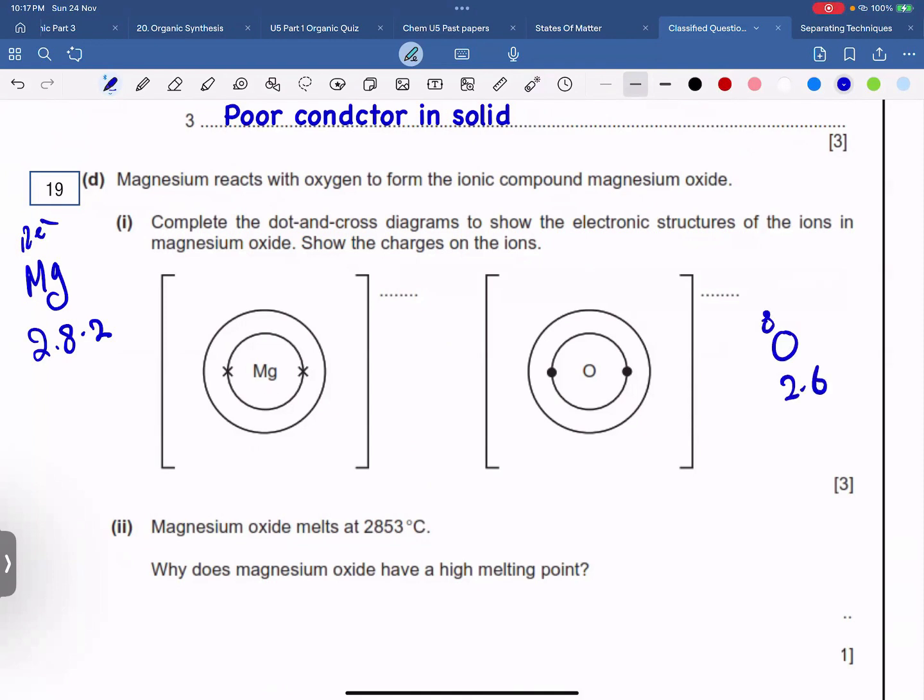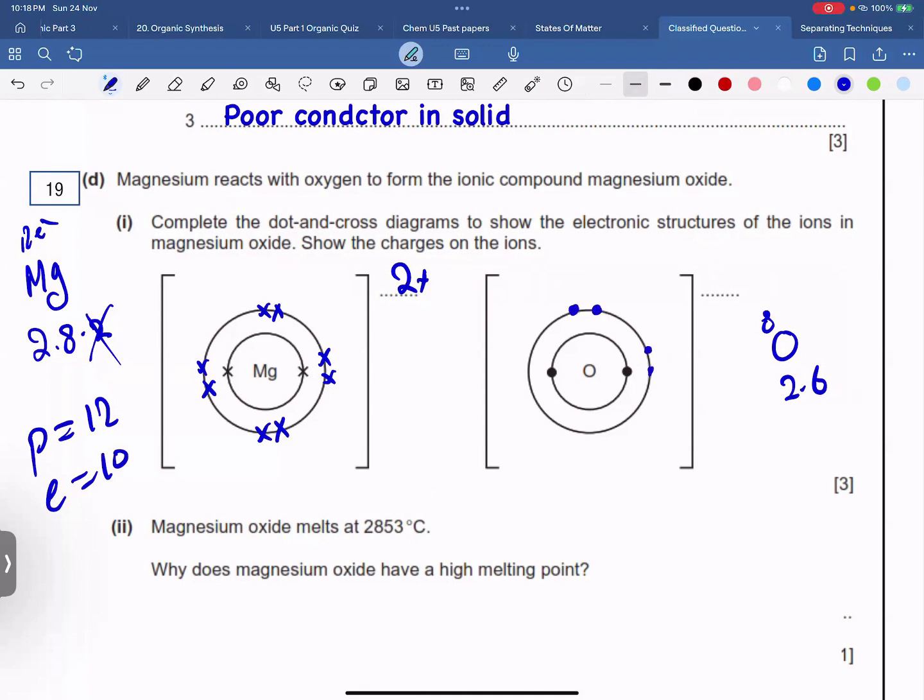So magnesium loses 2 electrons to have a full outer shell. So 1, 2, 3, 4, 5, 6, 7, and 8, and holds 2+ because now protons are 12, but electrons only 10. And oxygen gains 2 electrons to have a full outer shell.